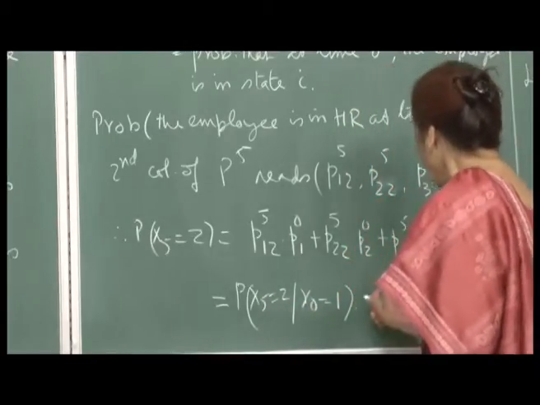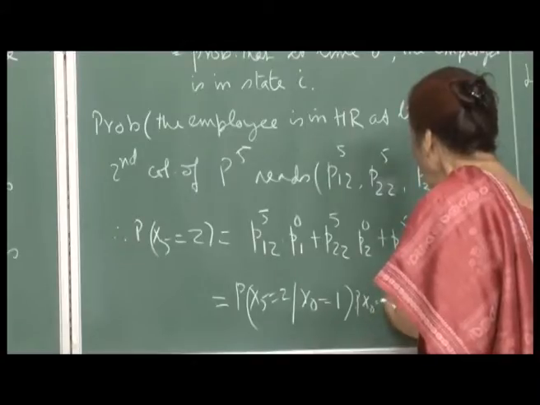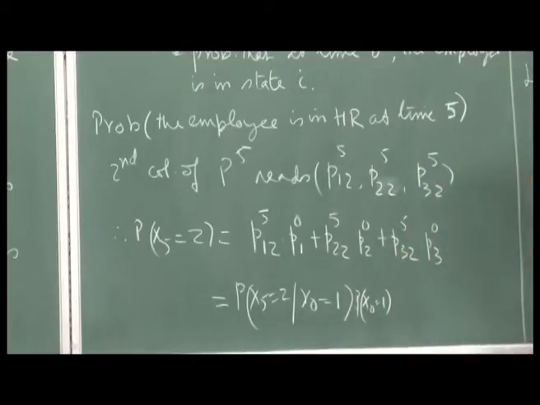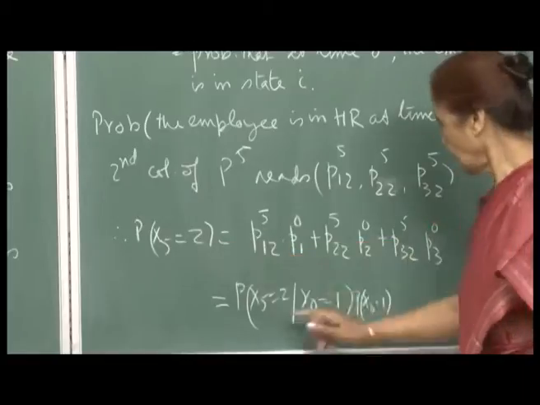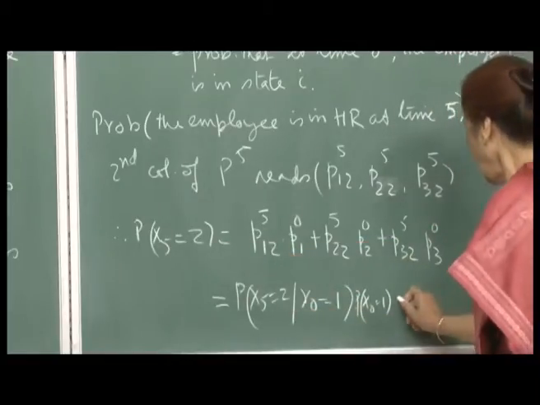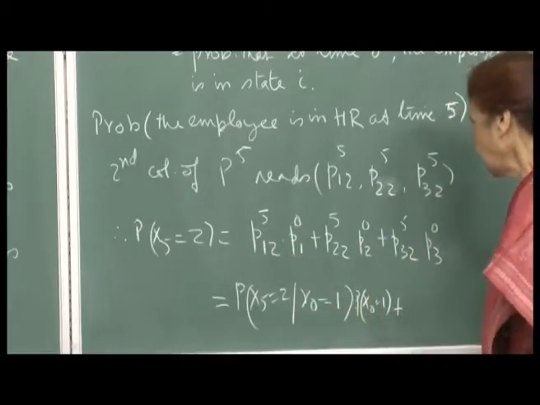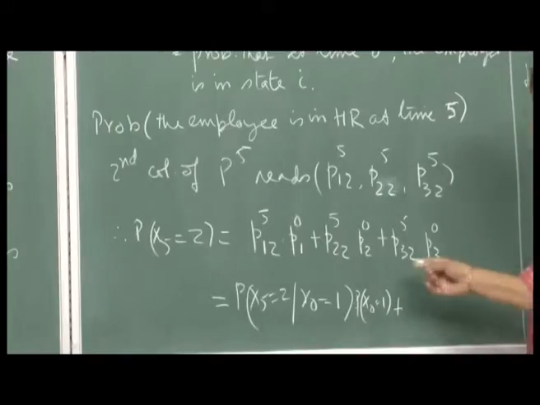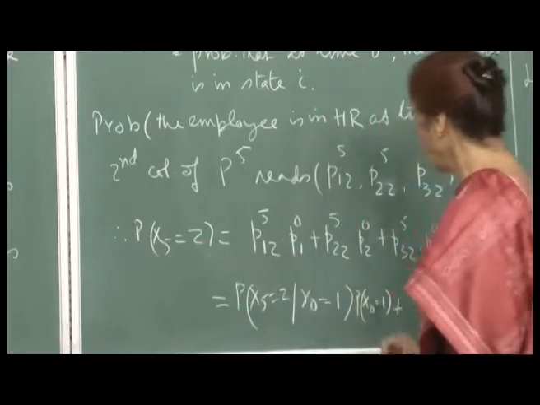Then you will multiply this by probability x naught equal to 1, right. So, I am writing this as a conditional probability, and I will have to do it for all possible values of x naught, to get the probability that x 5 is equal to 2.